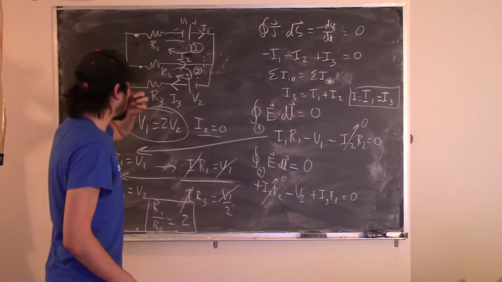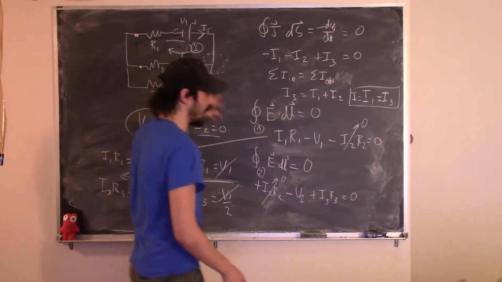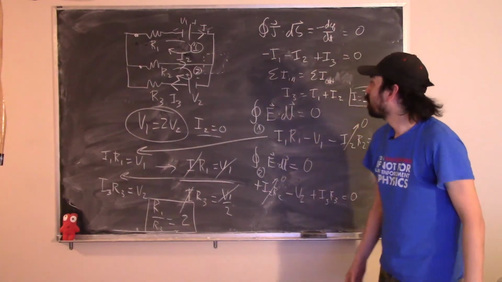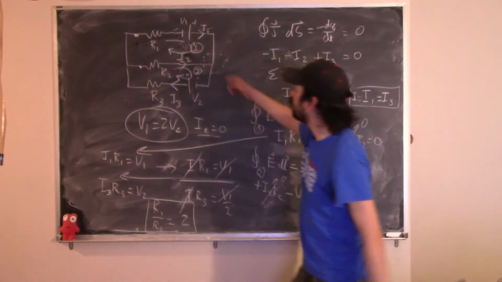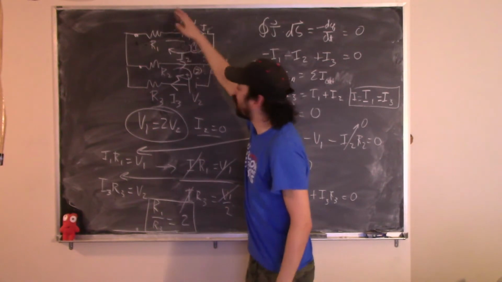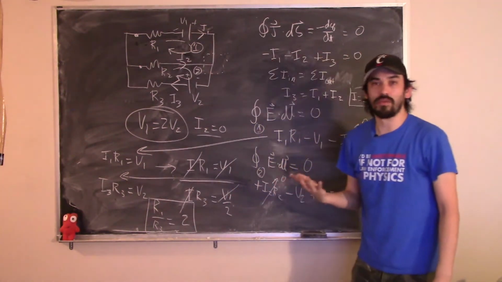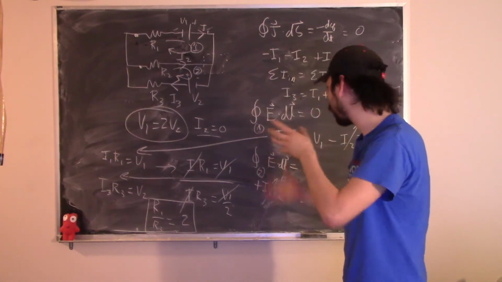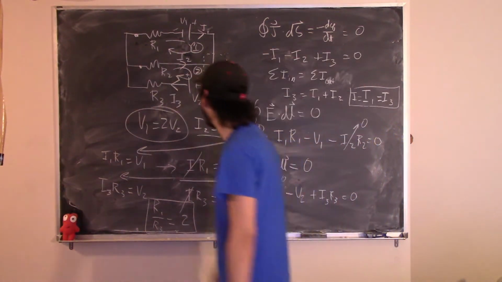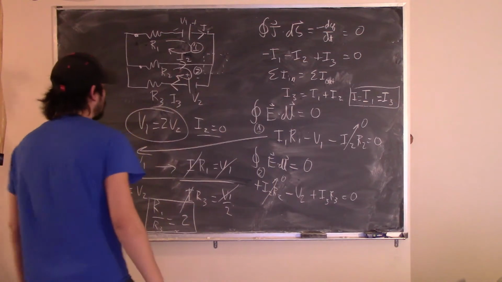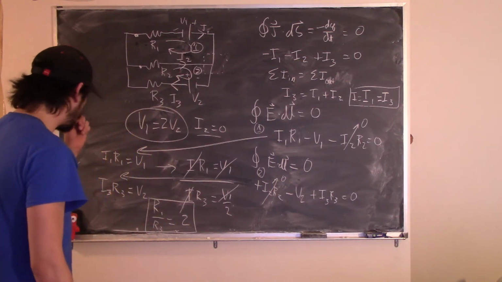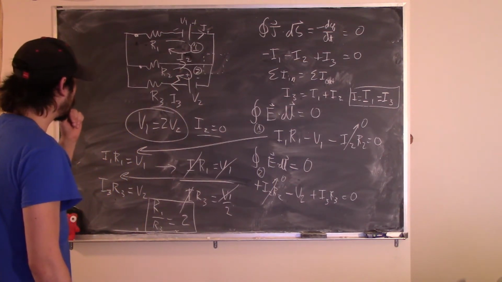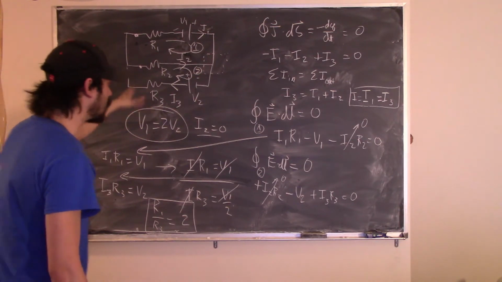Ultimately, there are 4 different equations that you can get out of this using either a junction or any one of 3 loops. It ends up just being redundant to do more loops, and it was just a choice that I made. I didn't have to choose this loop. In fact, for this particular problem, it doesn't matter.